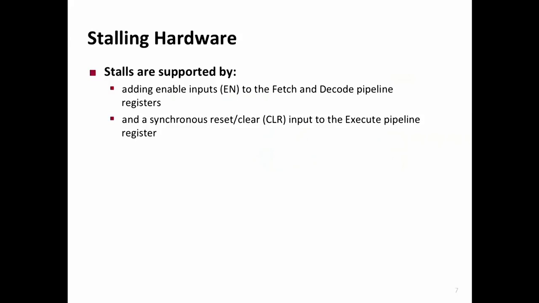Basically, you reset the pipeline register such that the stalling stage doesn't move but injects a no-op into the next stage, such that essentially you're propagating a bubble through the pipeline. It's a hardware inserted no-op. And you basically ensure that you don't latch anything into the previous pipeline registers.